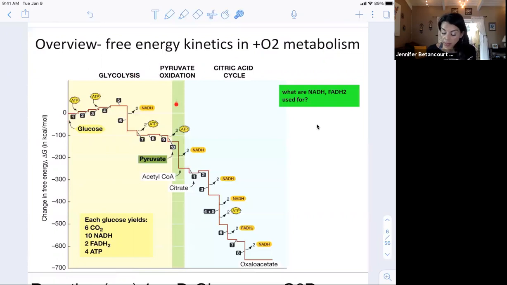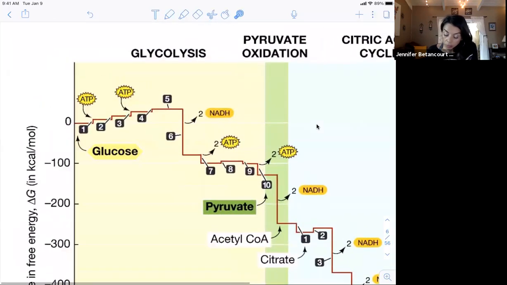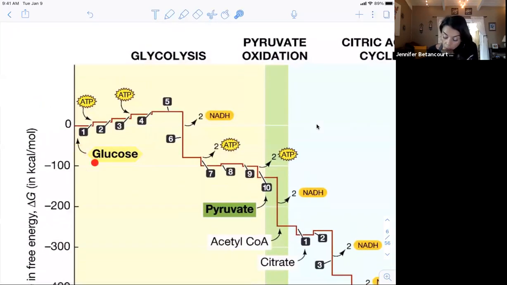And then you can see the amount of time that each of these processes takes. So glycolysis, there's 10 reactions, so it takes probably a pretty long time. Pyruvate really is just one simple kind of 2-step process here, so that doesn't take too much time. And then the citric acid cycle is eight reactions. And so what this is just indicating, I'm going to zoom in here. Here's your starting molecule, and if you can see that, you can't, so I'm going to do it.